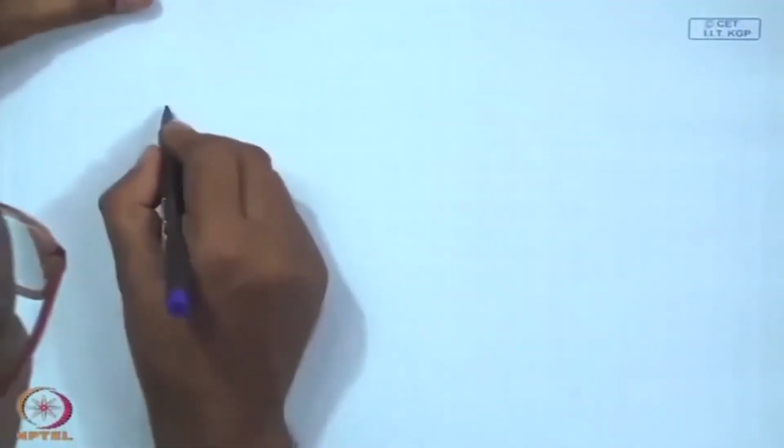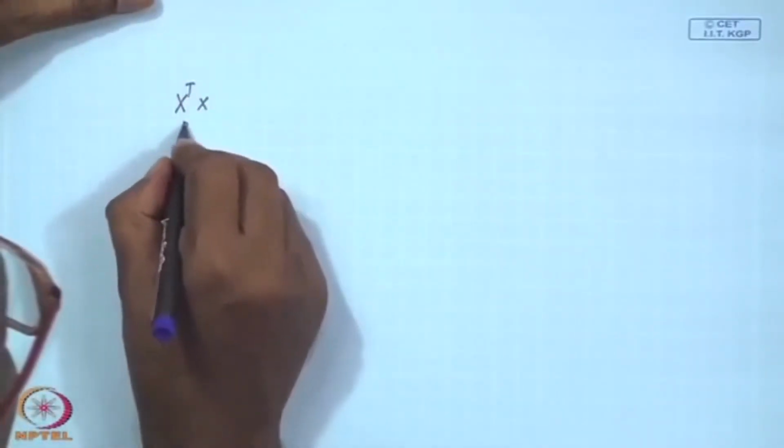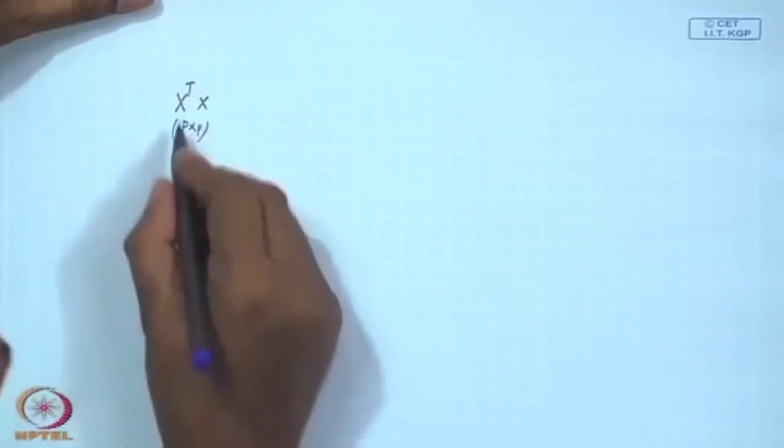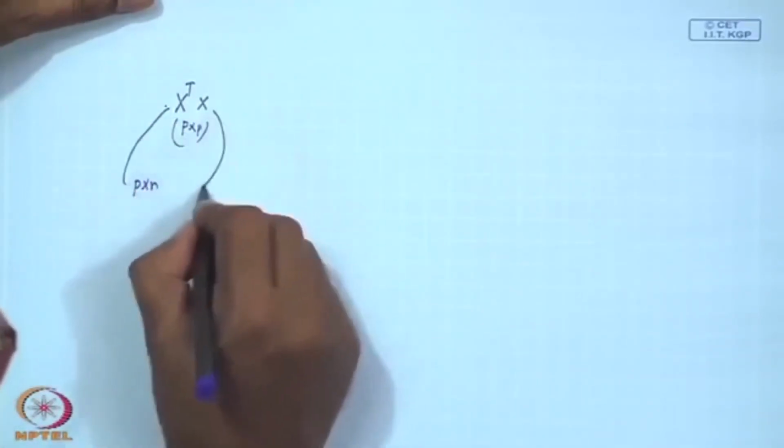Now, the same thing from the p variable point of view: X transpose X will be a p cross p matrix, because X transpose is p cross n and X is n cross p.